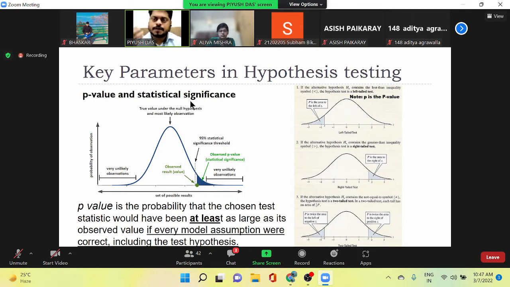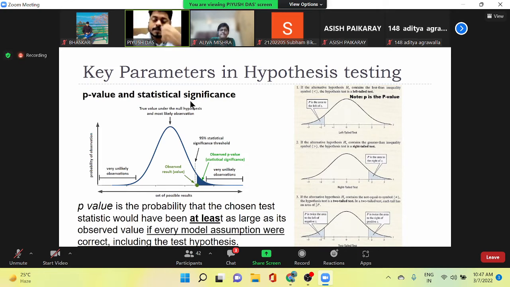But let's say you get a probability of 0.03, 0.02, that means 2% only. That means the probability of the null hypothesis being correct is only 2%, right? Then the probability is very less. Then you will go by the alternate hypothesis.